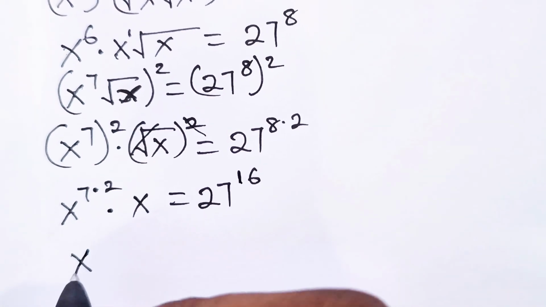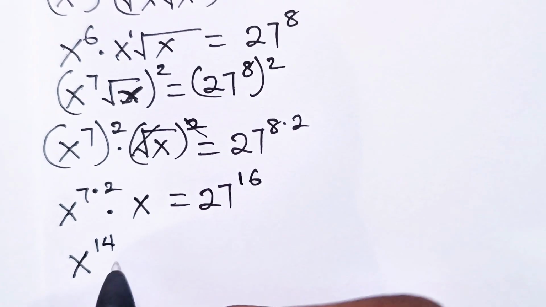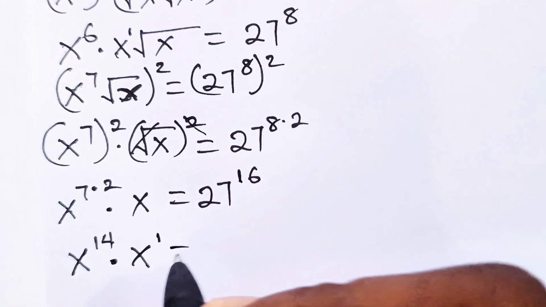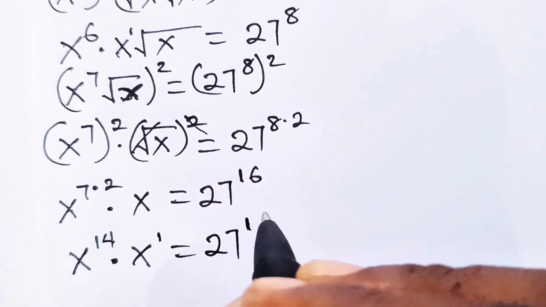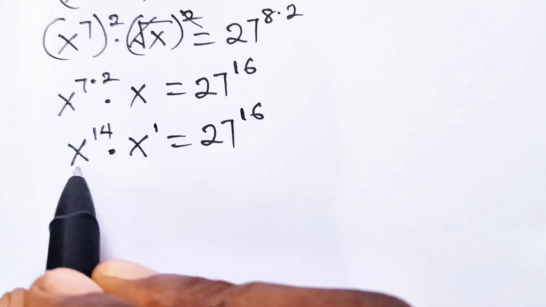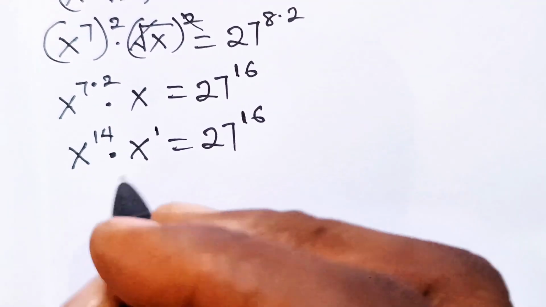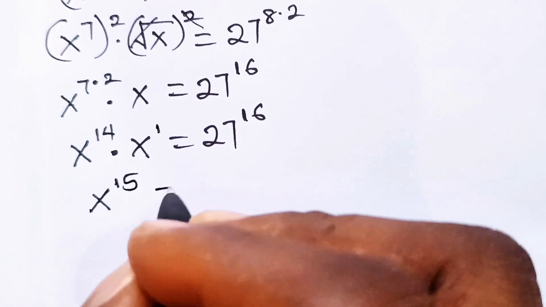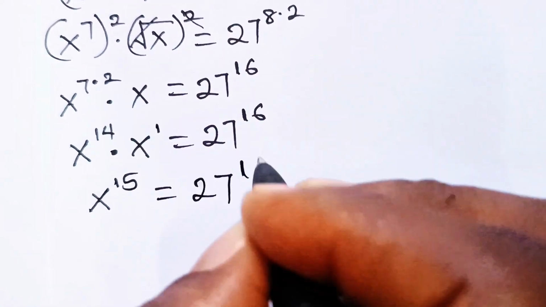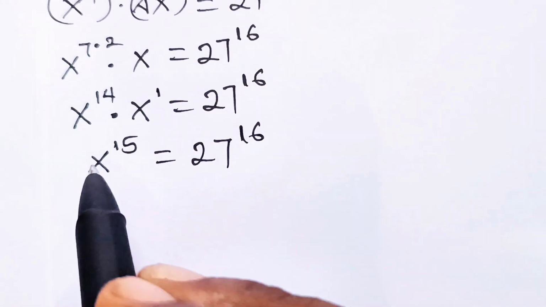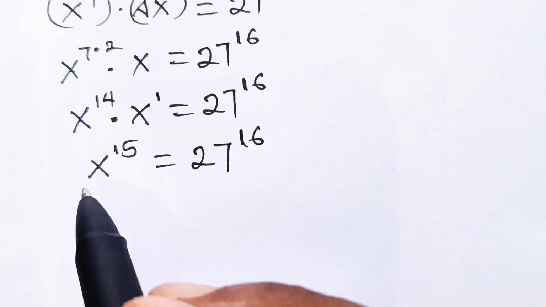So we have x to the power of 14 multiplied by x to the power of 1 is equal to 27 to the power of 16. So remember, we pick one base, right? And we add the powers. So x to the power of 15 is equal to 27 to the power of 16. Now, we are looking for the value of x.